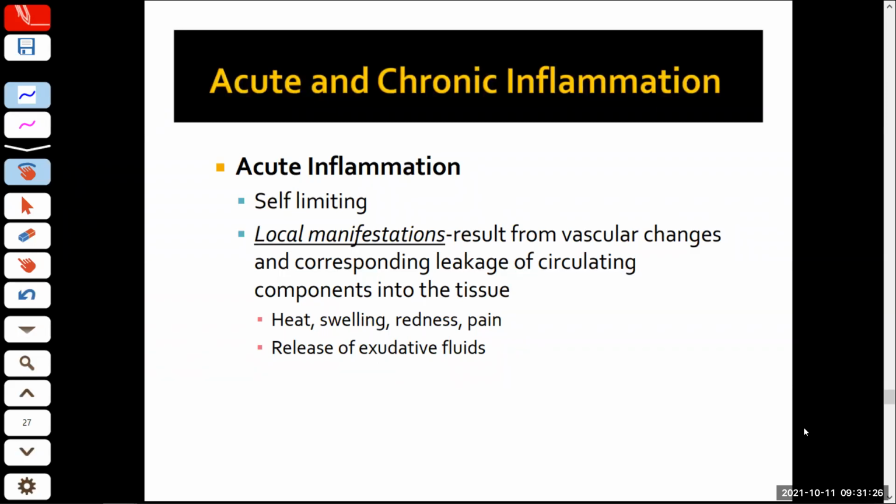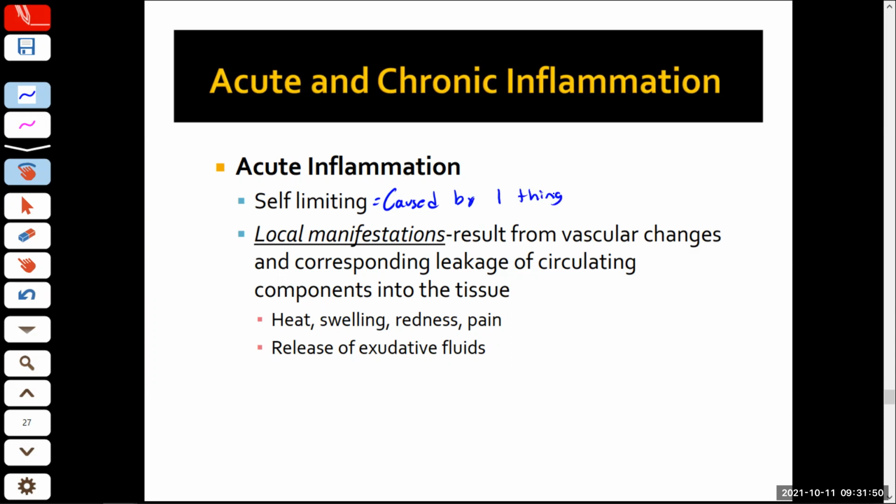Take a breath. We're going to take a step back from the cellular stuff. We're going to go more toward what you can observe as a nurse. Acute inflammation is self-limiting. When something is self-limiting, it's basically caused by one thing.